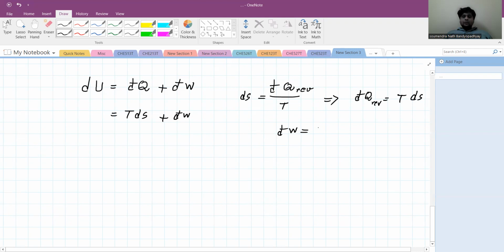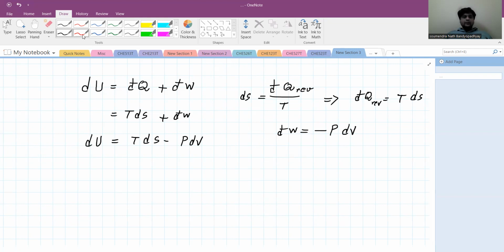So if it is only of mechanical nature, then dW can be given as minus pressure into volume change. We say minus PdV. So the first law becomes dU equals TdS minus PdV, right? So now look at this equation again.